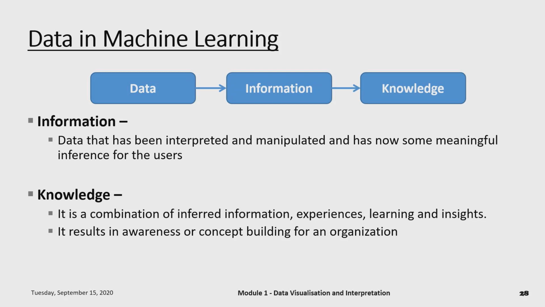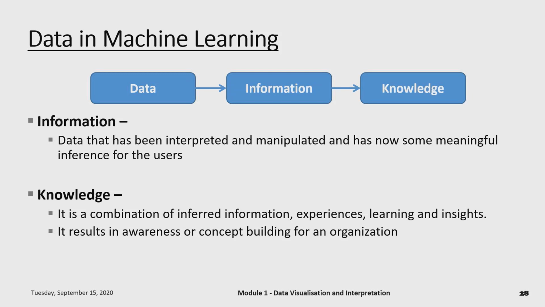Information is data that has been interpreted and manipulated, right? So I'm trying to extract something from the data which has been interpreted and manipulated and now has some meaningful interface, right? So it is holding something out of that entire data, a very small part, but which is very useful, right? Now it is being converted into knowledge.